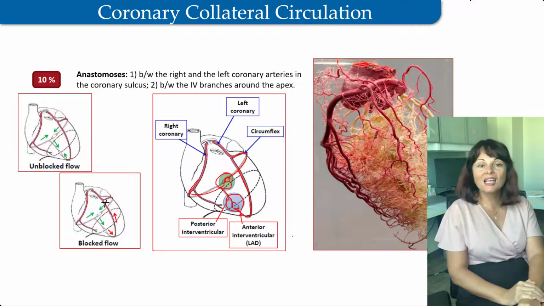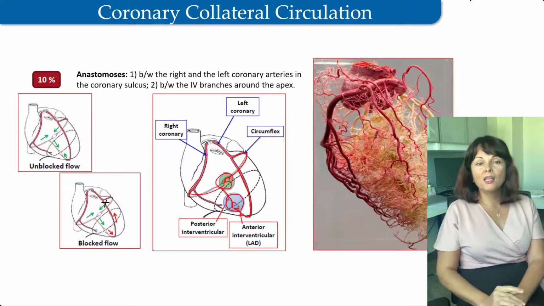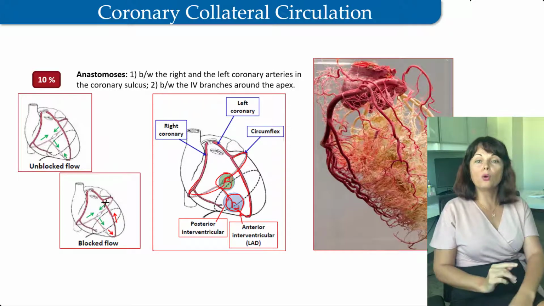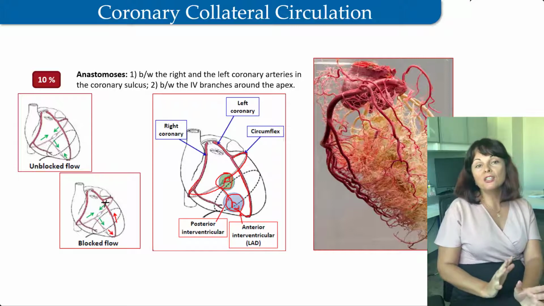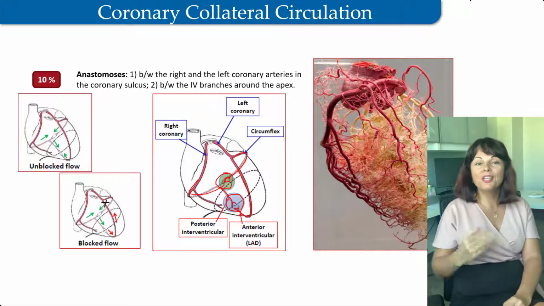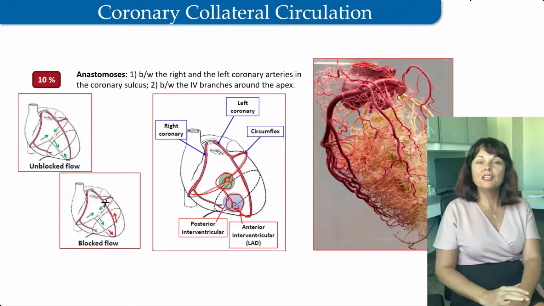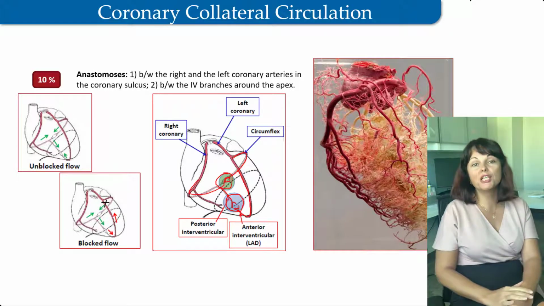And these anastomoses are important in case of obstruction of the main branches, as they provide the bypass routes for the blood. In slow occlusion of a coronary artery, the collateral circulation has time to increase so that adequate perfusion of the myocardium can occur in case of a potentially ischemic event.